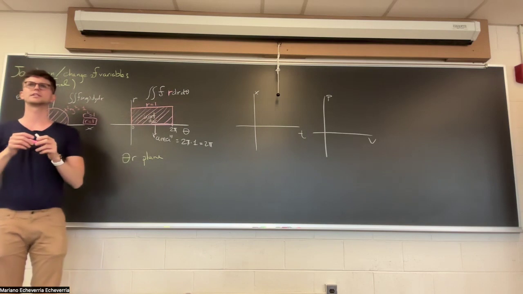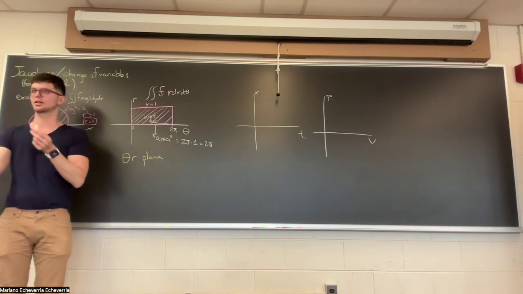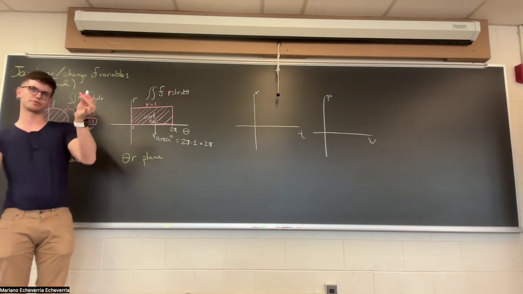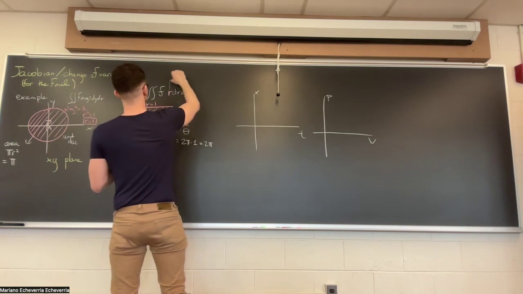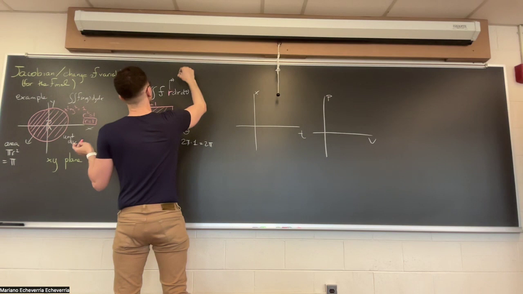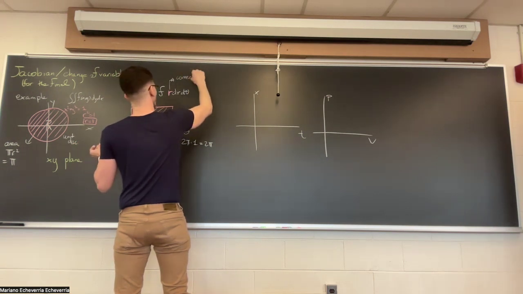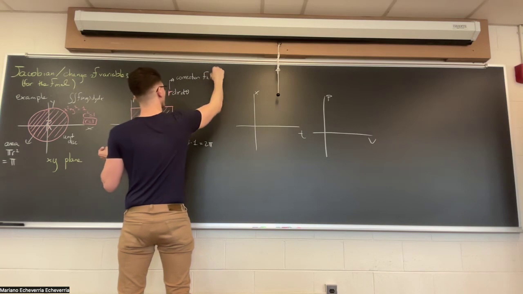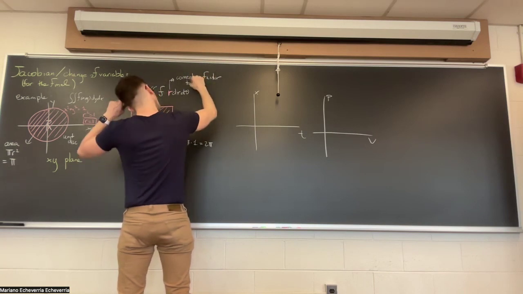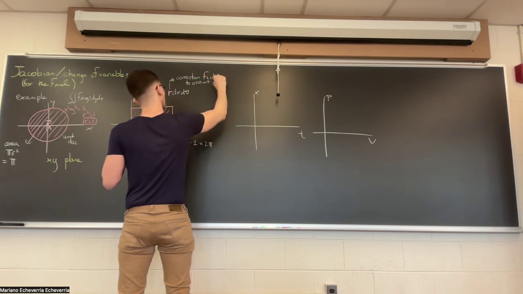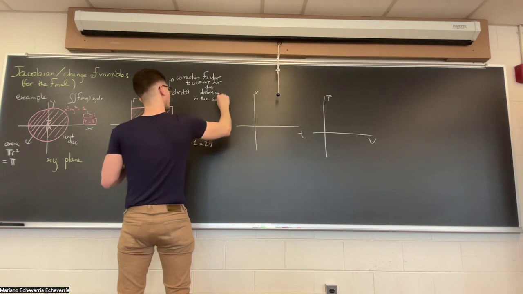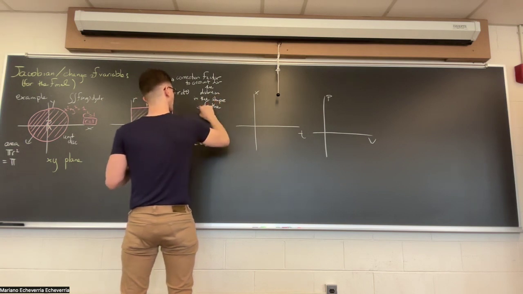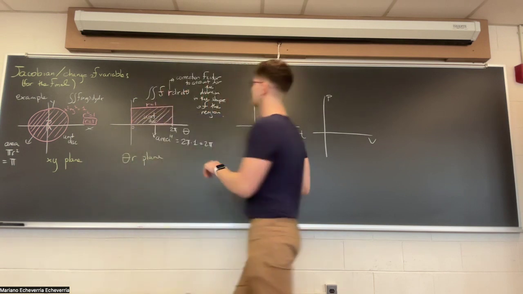You should think of it as a correction factor to account for the distortion in the shape of the region when you switch your perspective on the picture. Is that making sense?